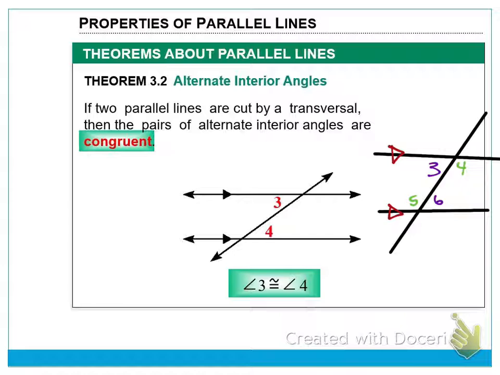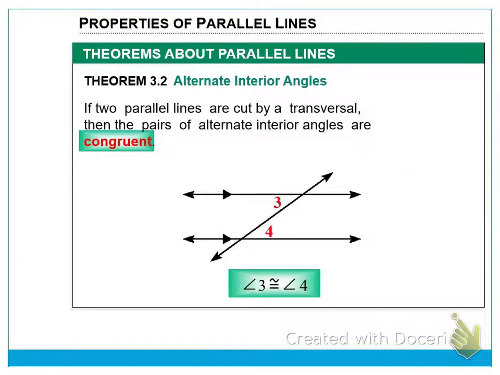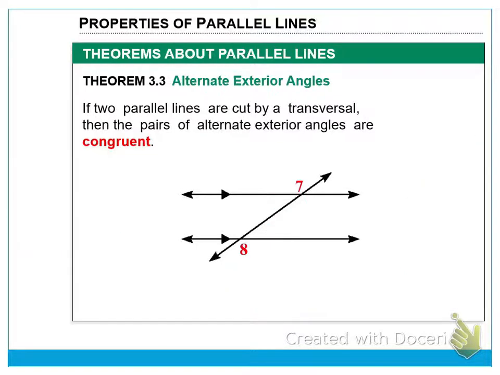So if this is true for alternate interior, if you had to make an educated guess about alternate exterior, what would you guess? They will be congruent. They're on the outside, yeah. But alternate exterior, if you have 2 parallel lines, so again, go ahead and draw in your little triangles. So if you have 2 parallel lines cut by a transversal, your alternate exterior angles will be congruent.